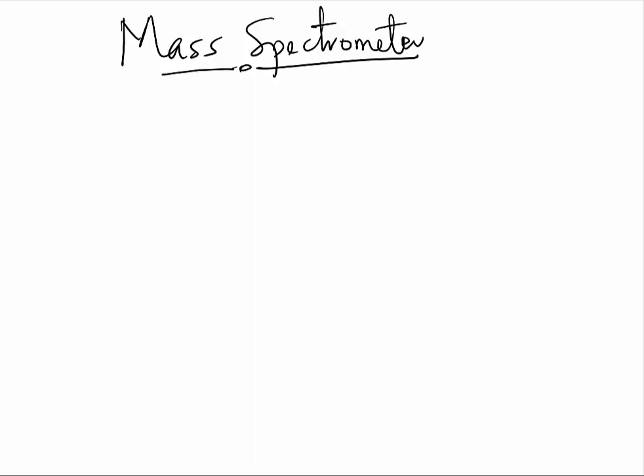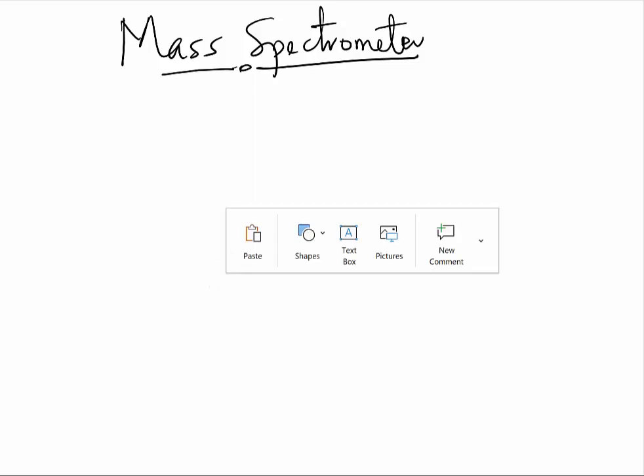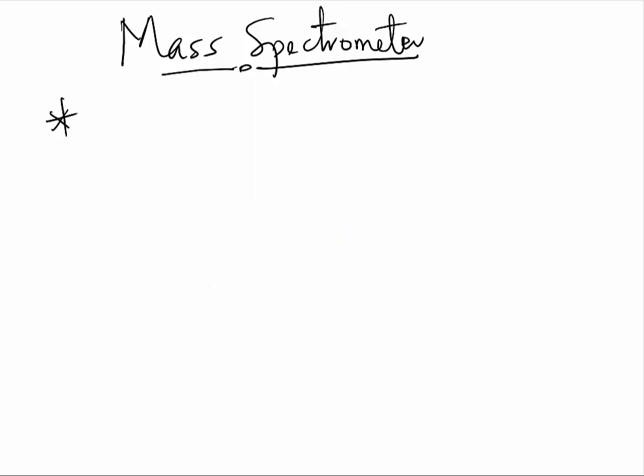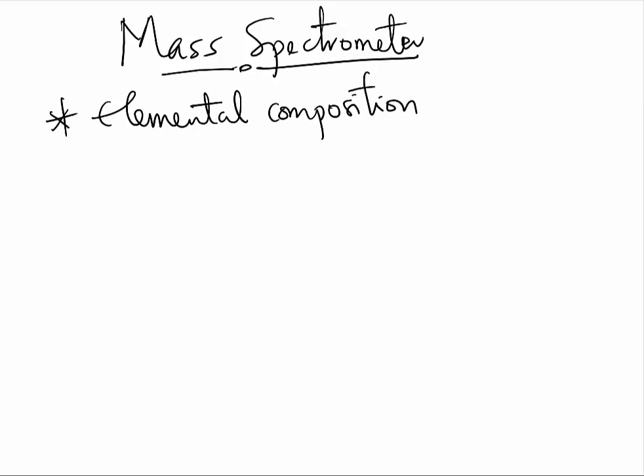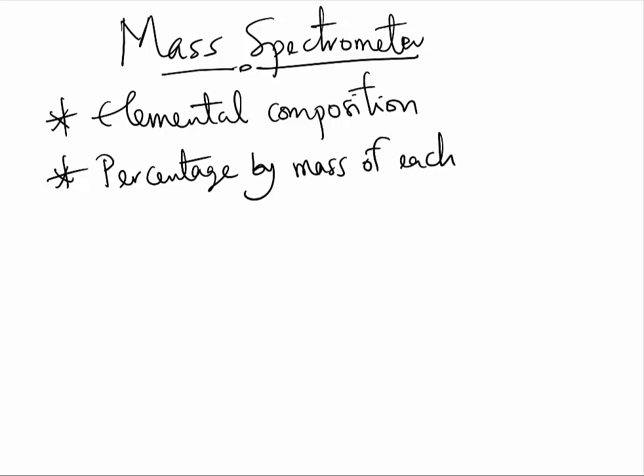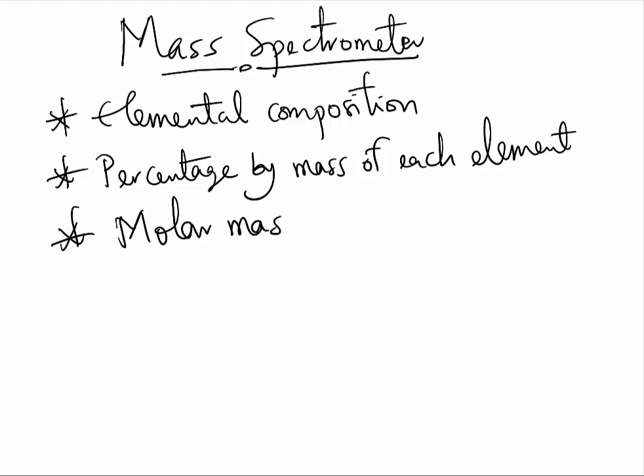If you have a pure sample of a compound and you feed the sample into a mass spectrometer, it can print the following information for you: the elemental composition of the sample, the percentage by mass of each element, and it can also determine the molar mass of the compound for you.